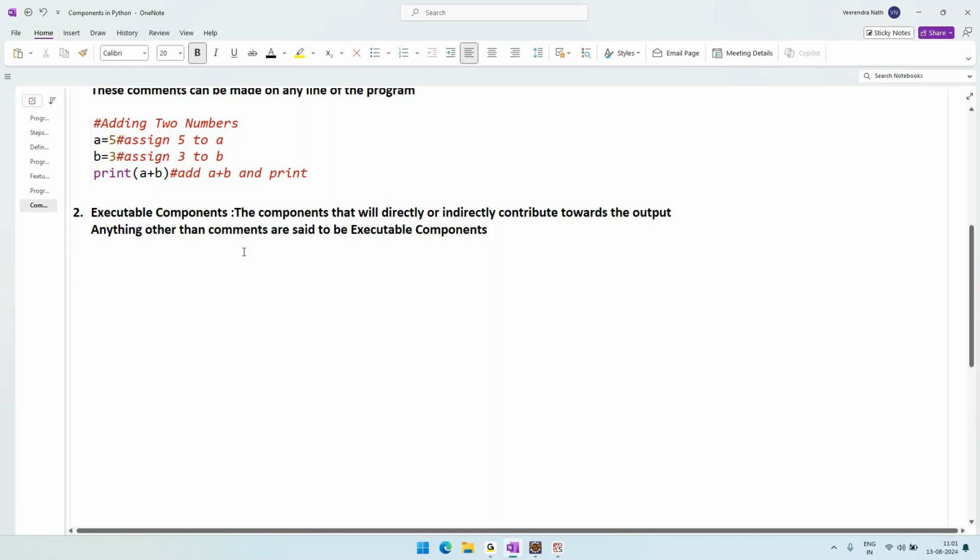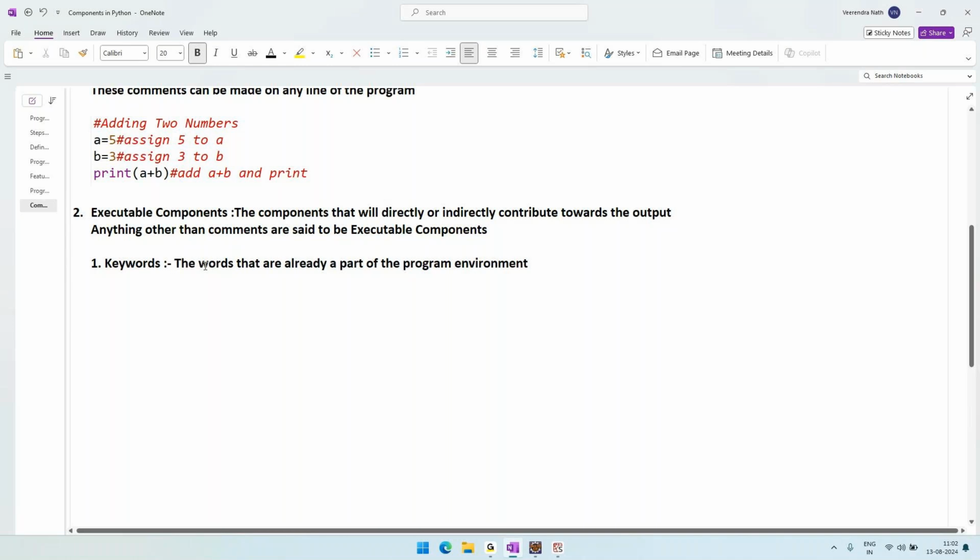Okay, so the first one is keywords. So what are keywords?